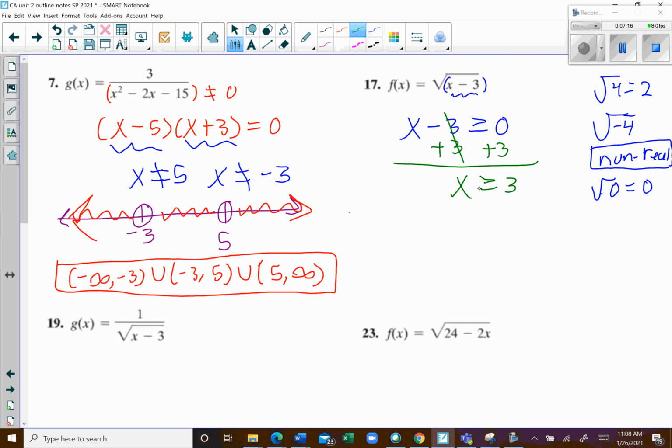That's my answer, but now I have to convert it to interval notation. As long as I plug in 3 or something bigger, I'll never square root a negative number. So my domain is values from 3 to infinity. If I plug in any number between 3 and infinity, and this time I get to include 3, there will be no issues with that.